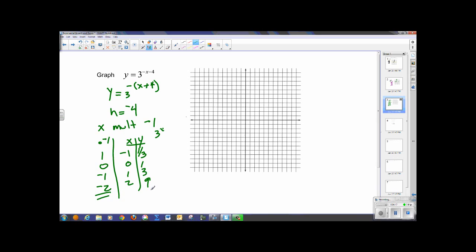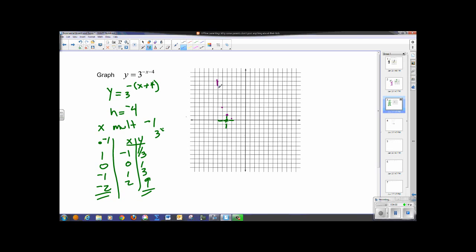And now this column and this column is what I'm going to use to graph from my new origin point, which is -4, 0. So right there is like my new origin. So I'll put a cross set of axes there. And now I'm going to graph from here, +1 and 1/3, which puts me right around here, 0, 1 here, -1, 3, and -2, 9.